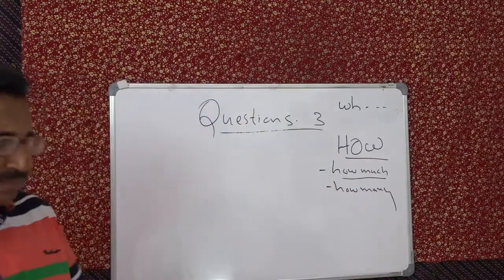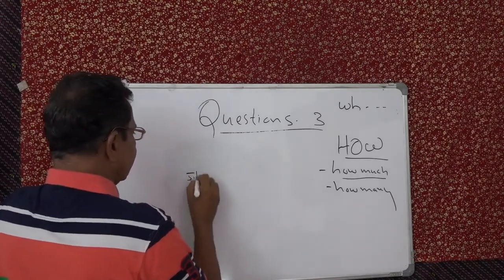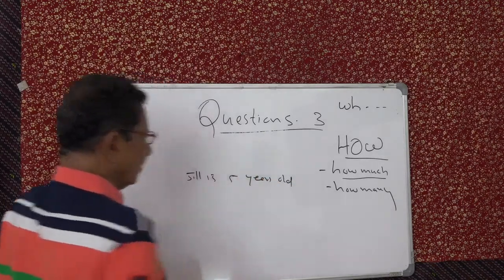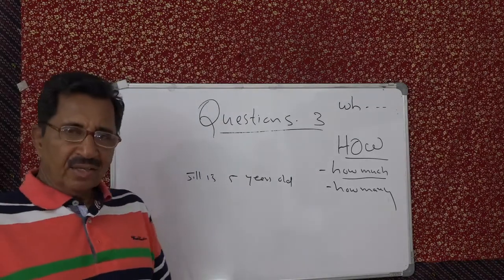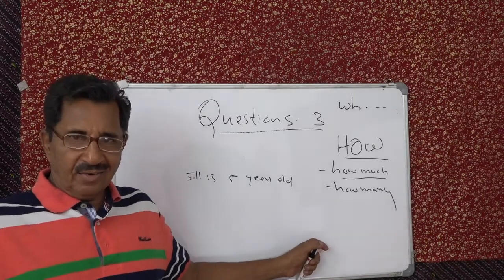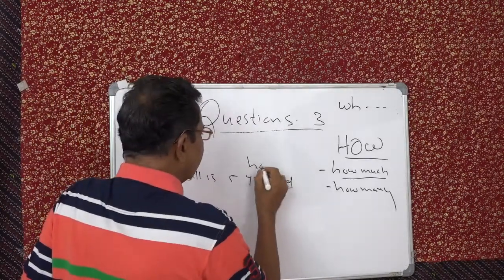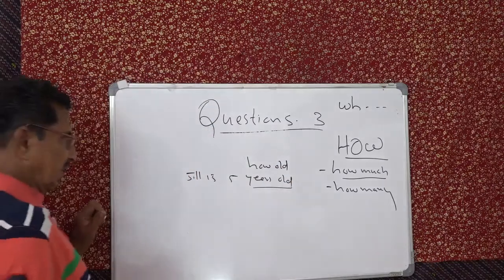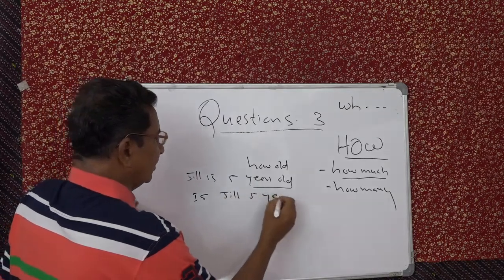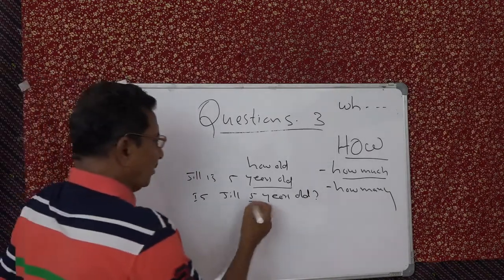Alright. Now, we said Jill is 5 years old. So Jill is 5 years old. What if you want to know the age? Then what will you write? You write like this: how old? That is the question. Then, is Jill 5 years old? That will be a yes or no question. Now the question word will be how old.